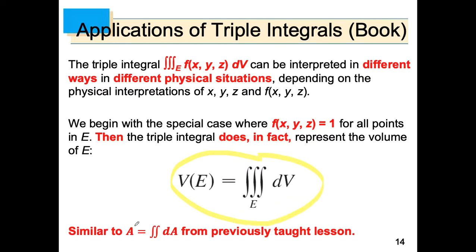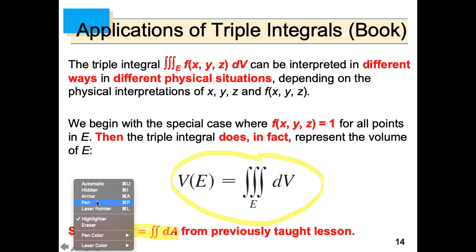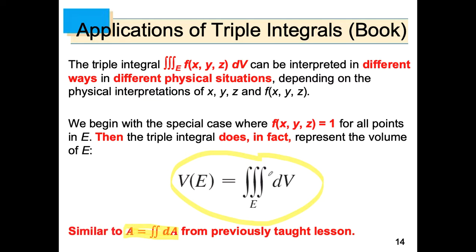And it's very similar to what we did in the last section, when I told you that if you ever take a double integral of just dA, the answer is just the area of whatever region you're dealing with, whatever shadow is on the ground. Well, in similar fashion, if you take the triple integral of dV, and notice here I don't have an integrand other than the number 1, so that's just 1 multiplied by dV.